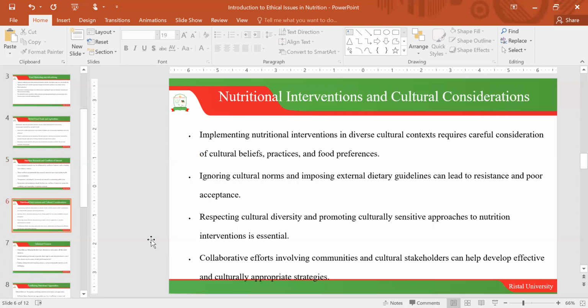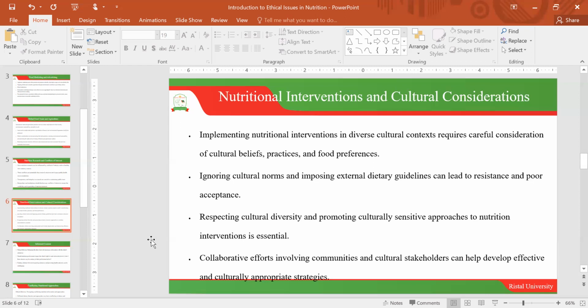Now let's come to issues to do with cultural considerations. Across the world, we don't have the same cultures. We have different cultures. You as a nutritional professional need to be culturally competent. We actually call that skill or that competence cultural competence.